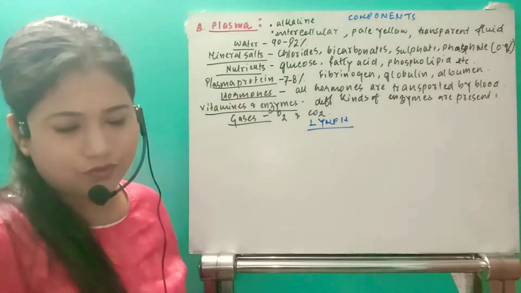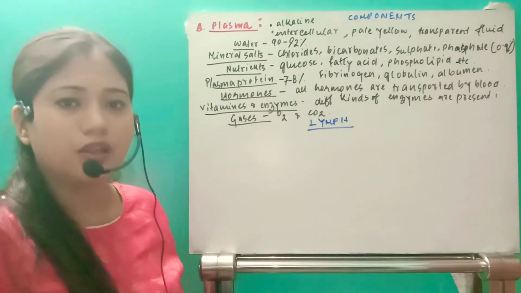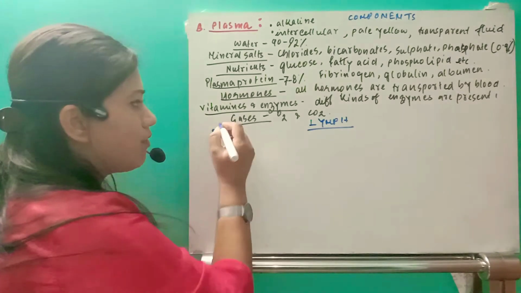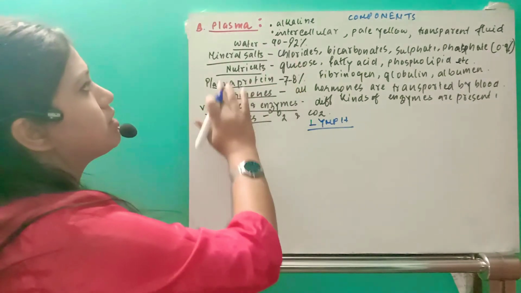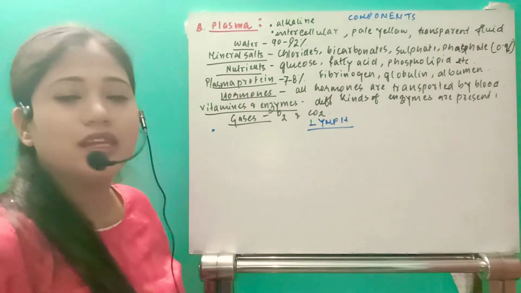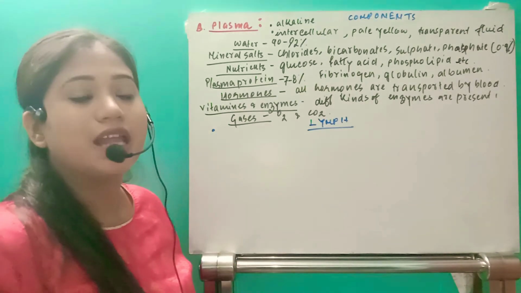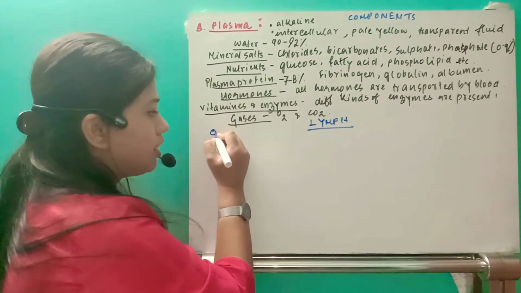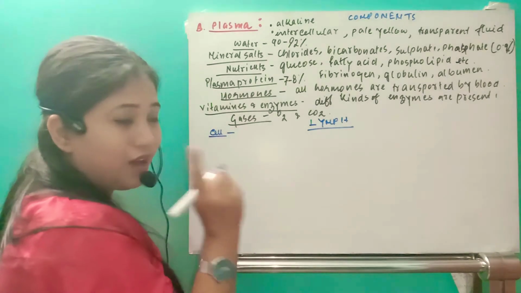So what is lymph? Lymph is basically a liquid. How it is formed I will tell you, but lymph has every type of component present in the plasma. There is a specific thing: in the lymph we will not have the RBCs and the platelets. The composition will have only one cell type.